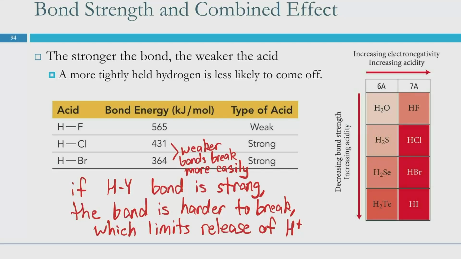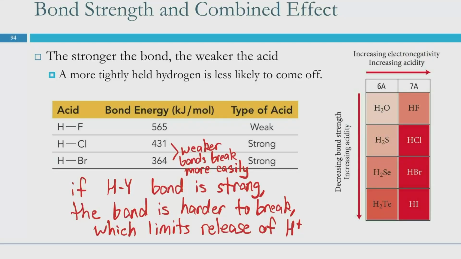So our weak bonds break more easily. And if we look at just our 6A and our 7A groups, if we increase our electronegativity moving left to right, that's going to increase our acidity because of the difference in electronegativity.